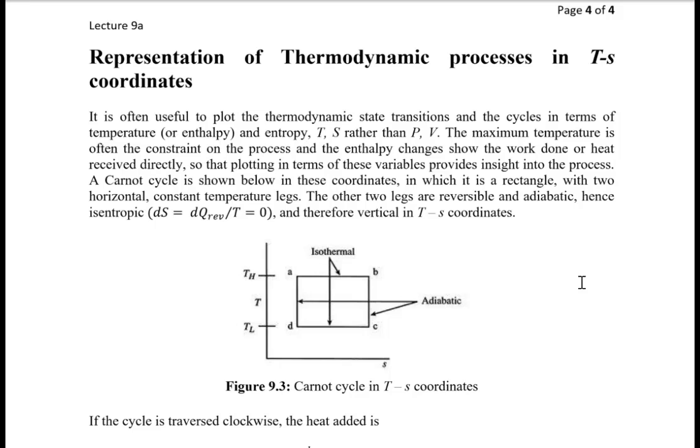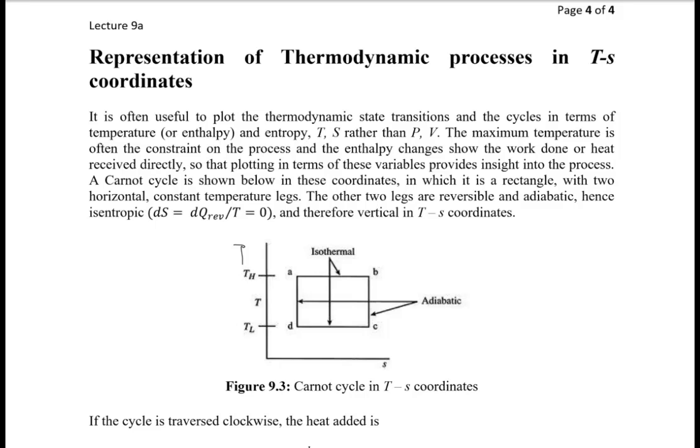In a previous section, we considered the Carnot cycle. If you draw a Carnot cycle on TS coordinates, it will look something like a rectangle. We will look at this kind of TS diagram in the next few lectures.